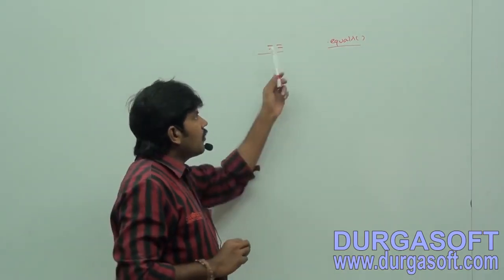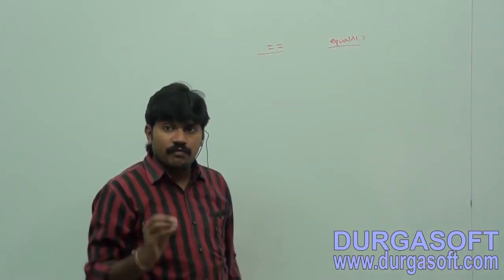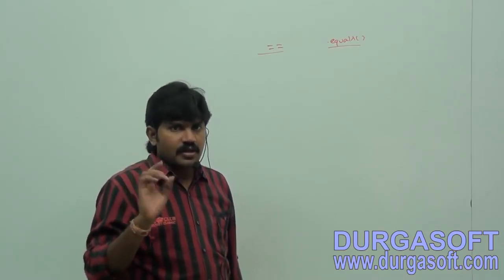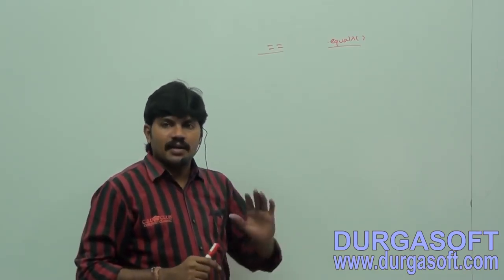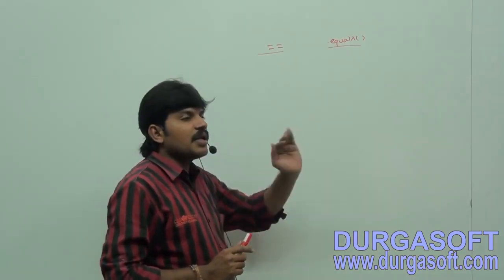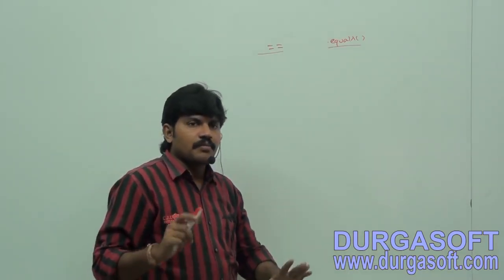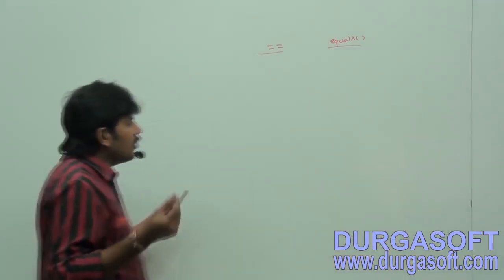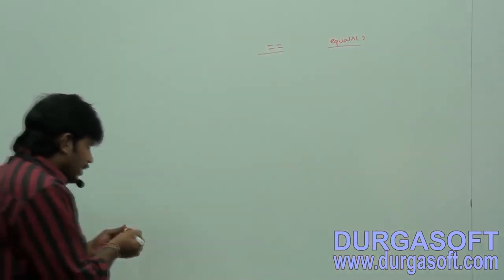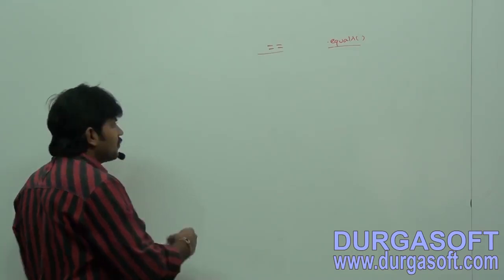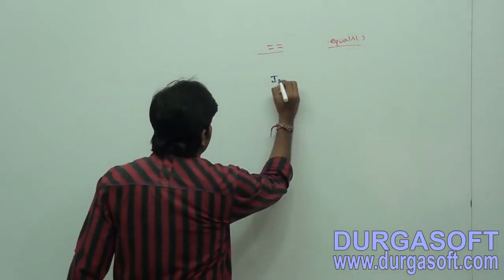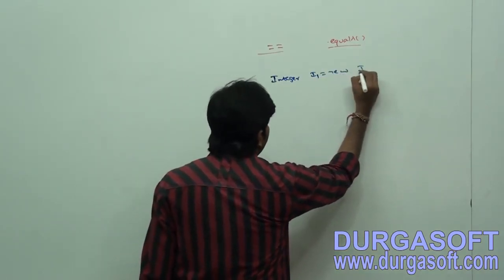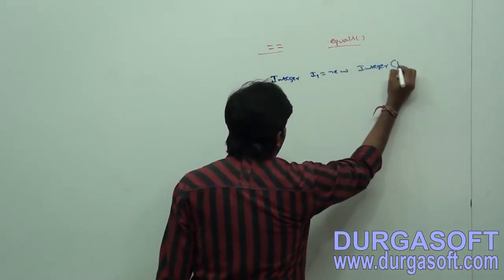The double equal operator is meant for reference comparison or address comparison. But the dot equals method in general is meant for content comparison, right? Are you getting? Sir, can you explain with an example? Here see, sir, I am taking Integer I1 is equal to new Integer of 10.